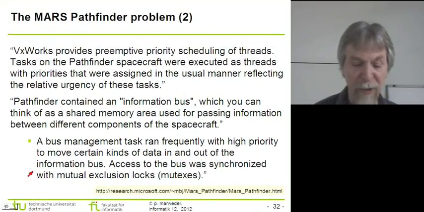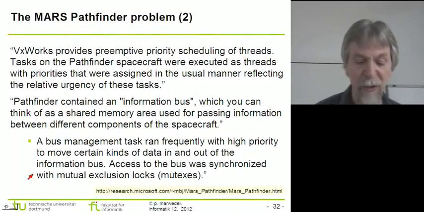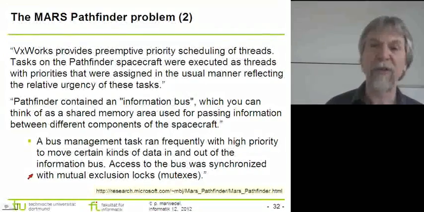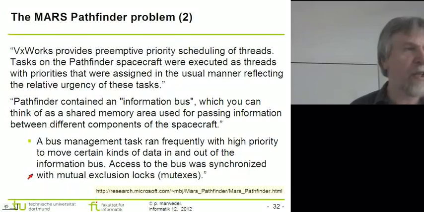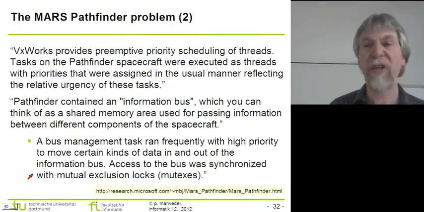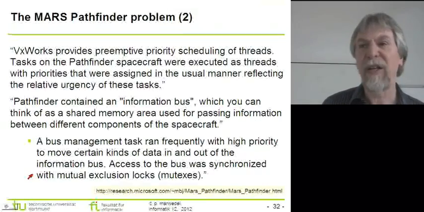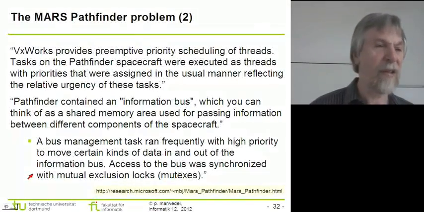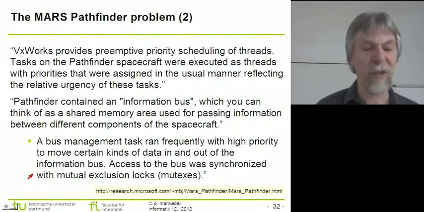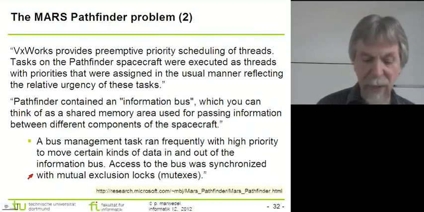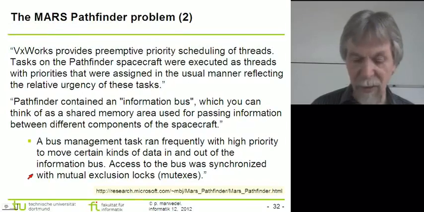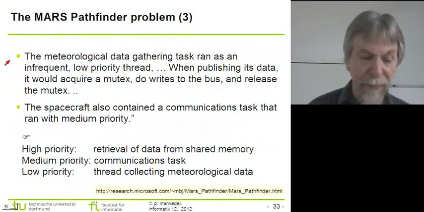Access to the bus was synchronized with mutual exclusion locks, with mutexes. Because obviously if you move things in and out of that shared area, and if you do this in an unsynchronized way, then you will get a very inconsistent state of what's recorded in this shared area. So therefore, it's needed to use mutexes here.